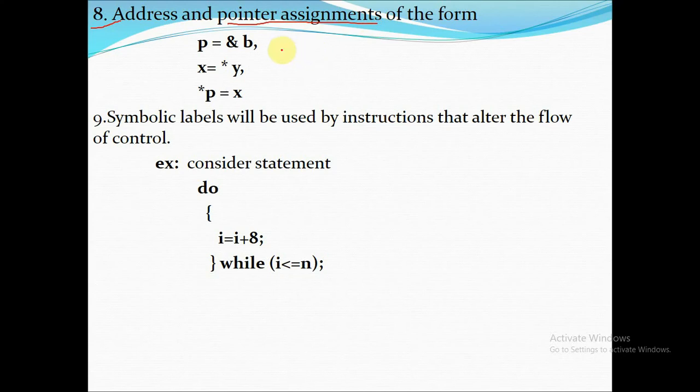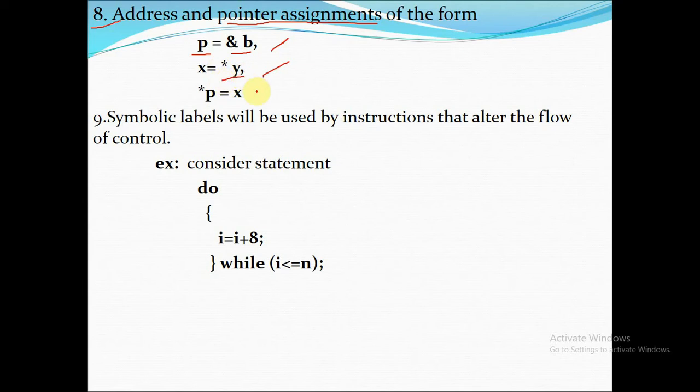8th one. While writing 3-address code, you can also use pointers. See the first statement, p equal to ampersand b. Here p is a pointer variable. We know that a pointer is a variable that holds the address of another variable. So p equal to ampersand b means the address of variable b is assigned to pointer variable p. Second one, x equal to value at y.